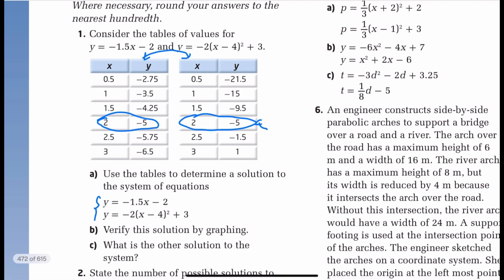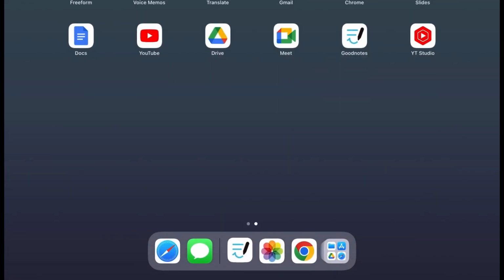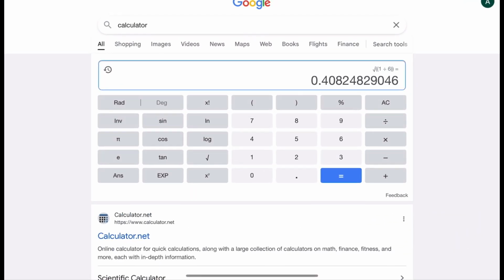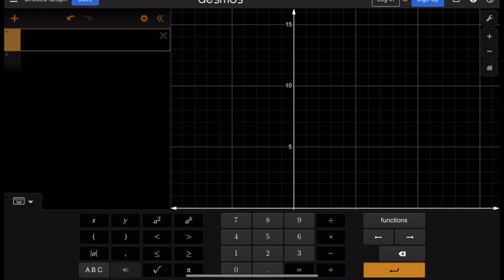Verify this solution graphically. To do that graphically, we need to go to the graph and graph these two equations. The first one is minus 1.5x minus 2.